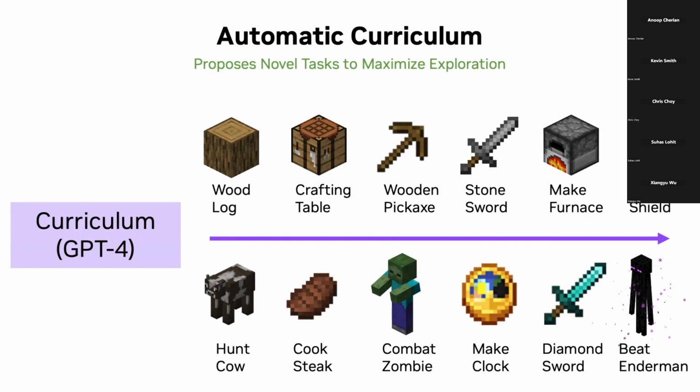Technically, this is very programmatic, but just by maximizing the number of novel items, or the number of skills that it can accomplish, we are making GPT-4 develop new skills, find new resources, and so on.